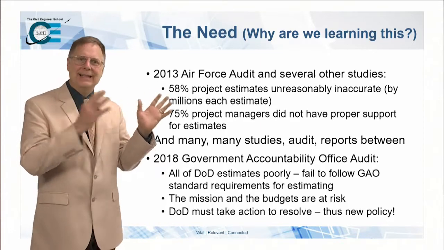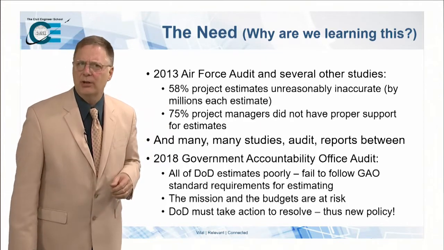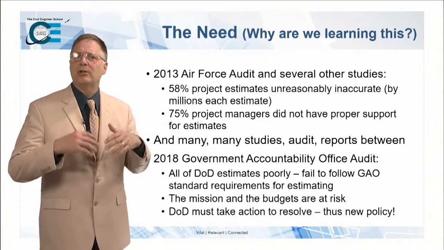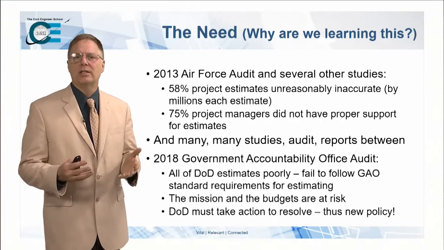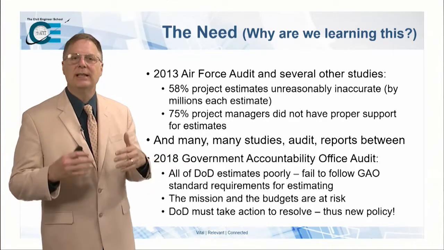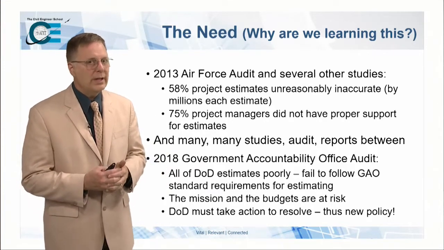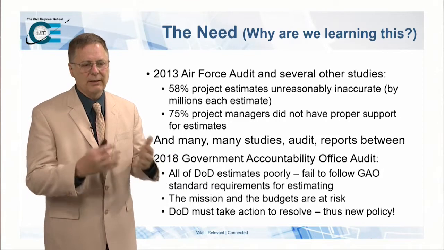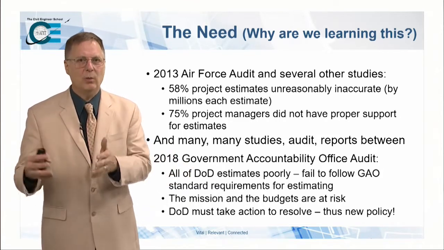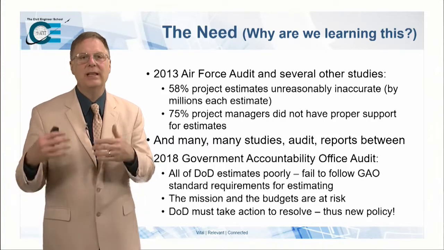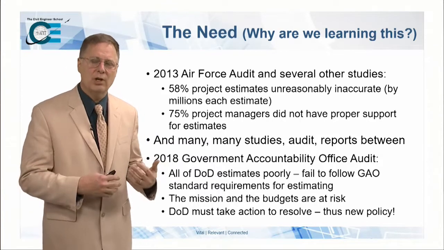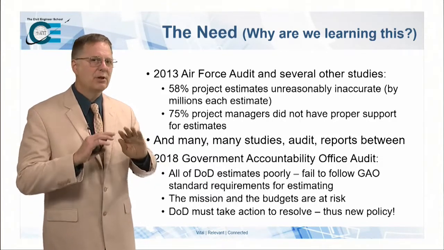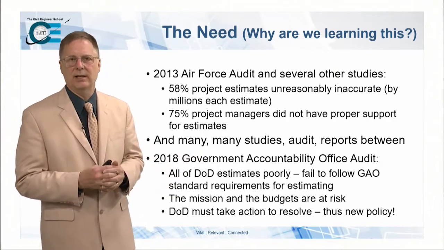Way back, 5, 6, 7 years ago, they started doing a bunch of audits. The reason they were doing audits is that at the DoD level and at the congressional level, we weren't hitting the mark. We weren't delivering projects for the amount that we told Congress and DoD that we were delivering them for, so the Air Force Audit Agency got involved. There have been a number of studies since then.